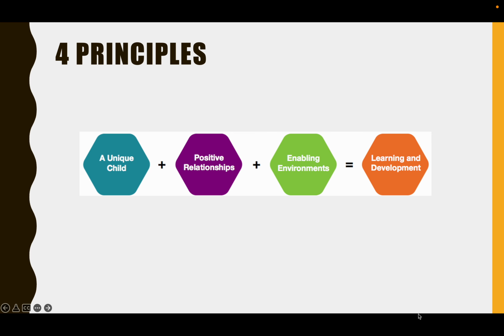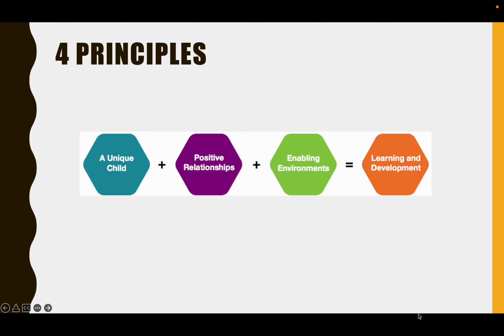And the third principle is enabling environments, how we build effective learning environments in the way that we lay out the space, organise the toys and resources, provide continuous learning provision in the classrooms, in the garden, and how we develop activities and adult-led and child-initiated opportunities for the children.